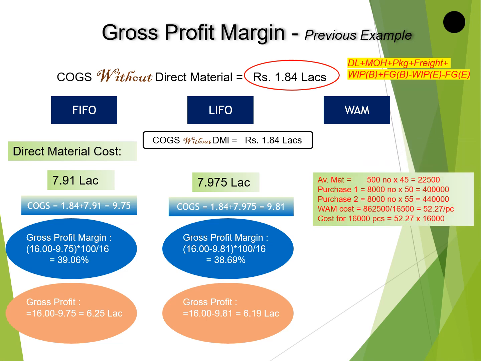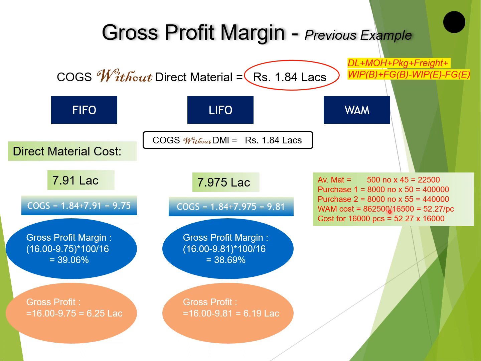With the weighted average method, the available material was 500, which was at the rate of 45 rupees per piece. So 500 into 45 is 22,500. Then we made two purchases. Purchase one was 8,000 pieces for rupees 50. Then purchase two was 8,000 pieces for rupees 55 per piece.